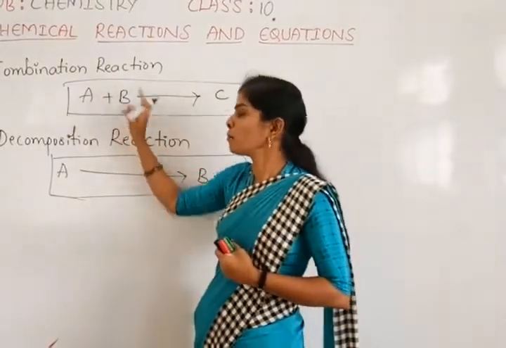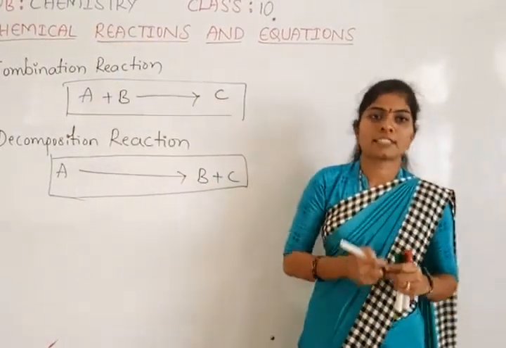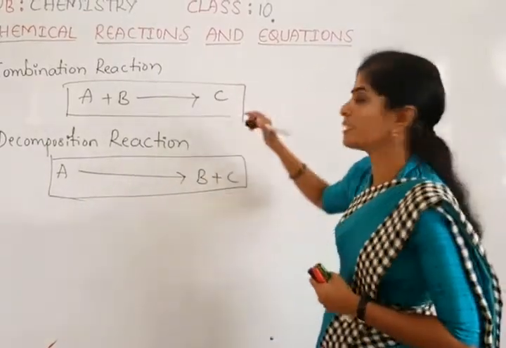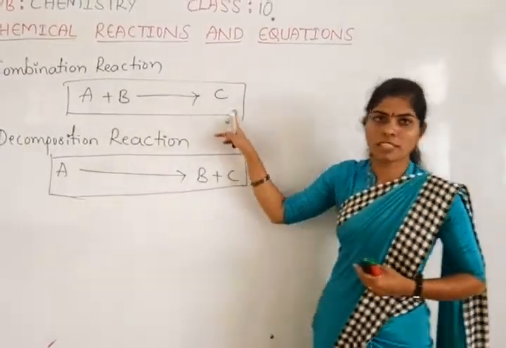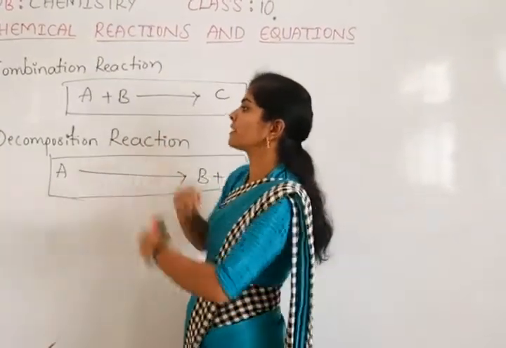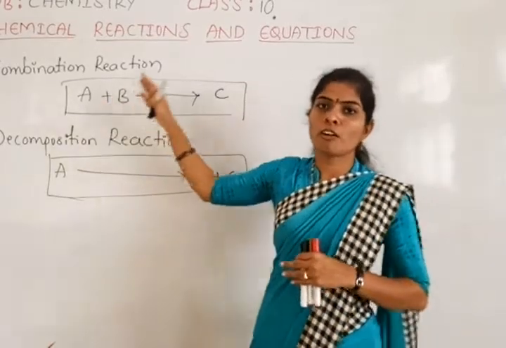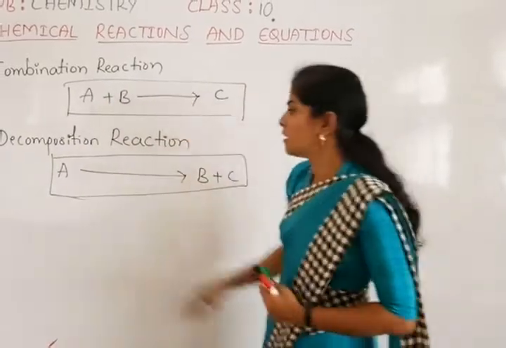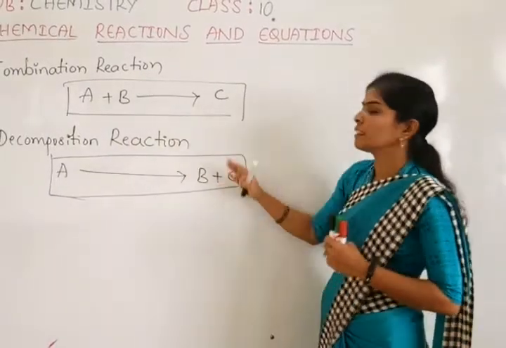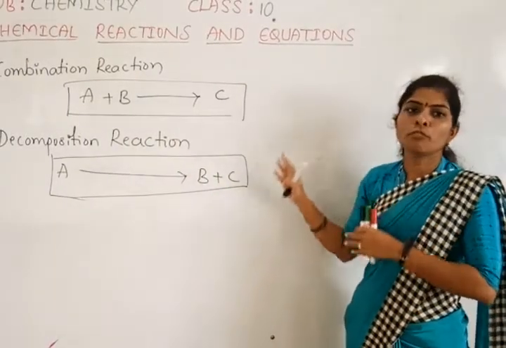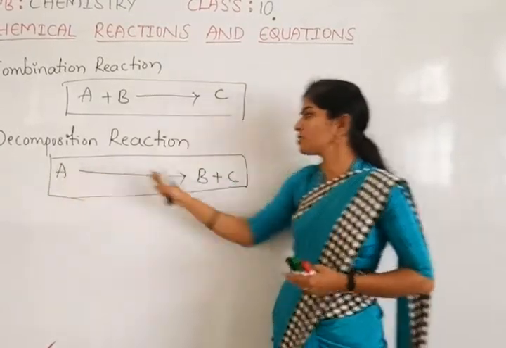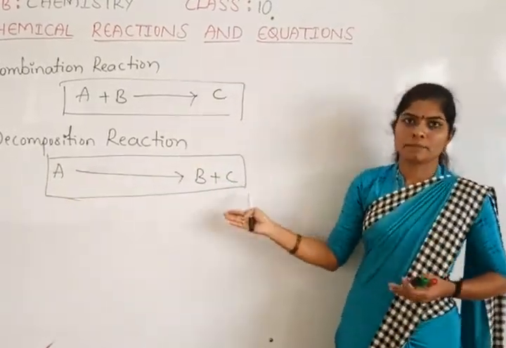So 2 or more reactants react together to form only a single product, then it is called the combination reaction. And decomposition is exactly opposite to that of the combination reaction. Here only a single reactant reacts to form 2 or more new products. Like in the general reaction I can say A gives rise to B plus C.